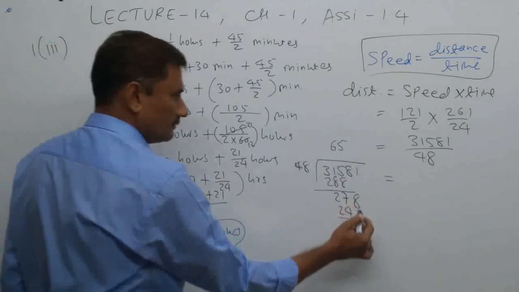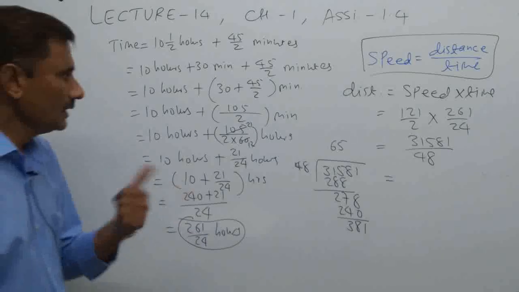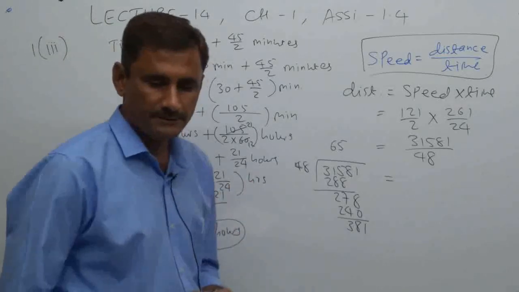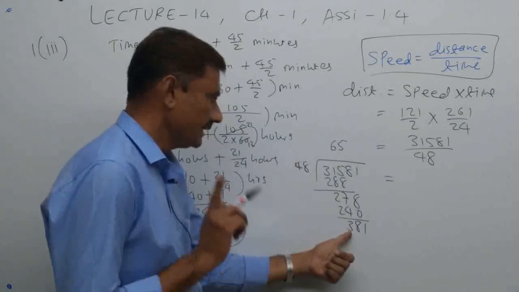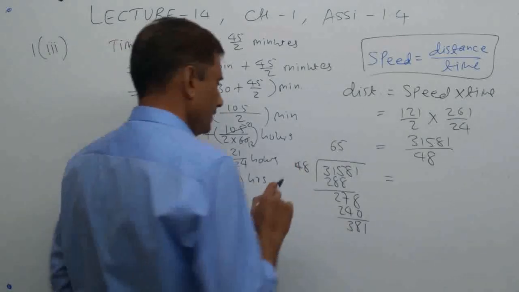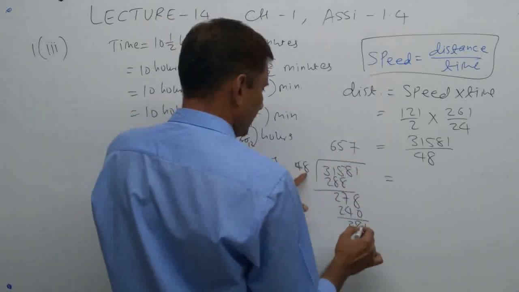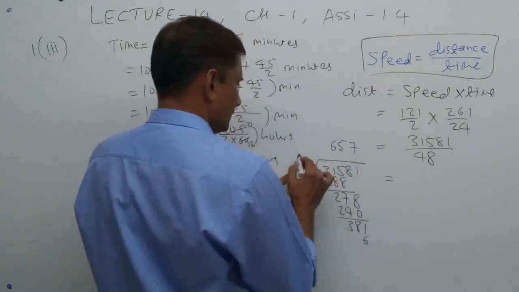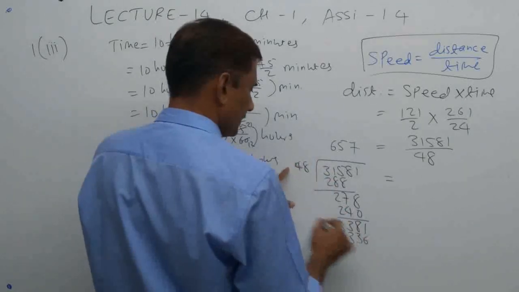Now it is the turn of 1. So it will be 5 7s are 35. Okay. So I multiply by 7. So 8 7s are 56, 5. 7 4s are 28 plus 5, 33.